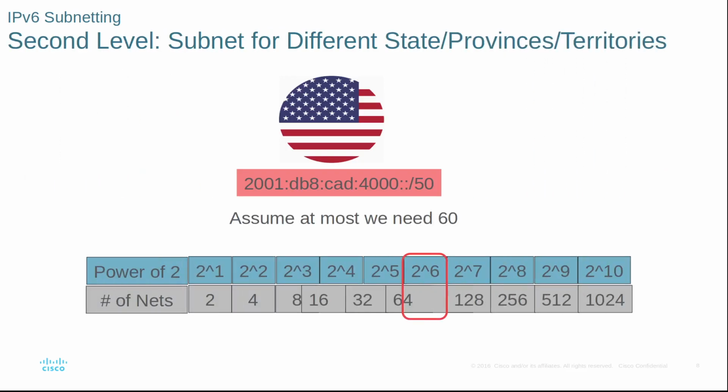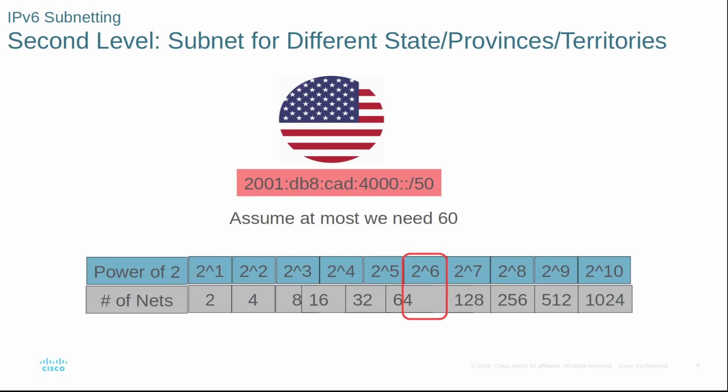So then we take each of those and we subnet again. So we're going to look at the US to subnet for our second level of states and provinces. We need 60, right? We actually need like 50, but let's leave some room for expansion. And we have to borrow 6 bits to get 64 anyway.